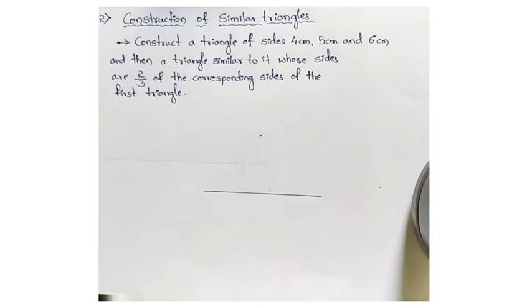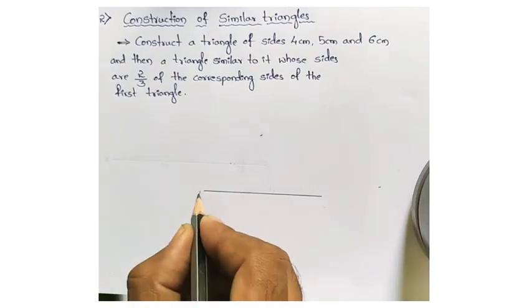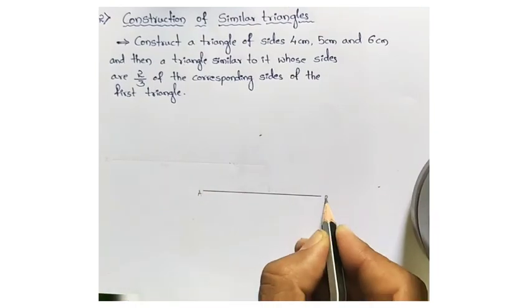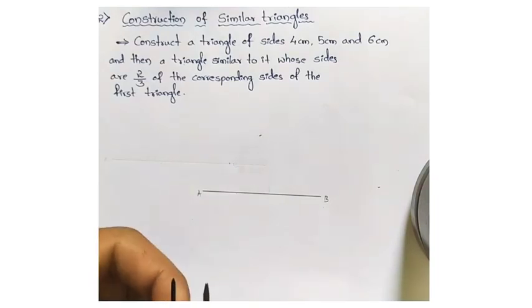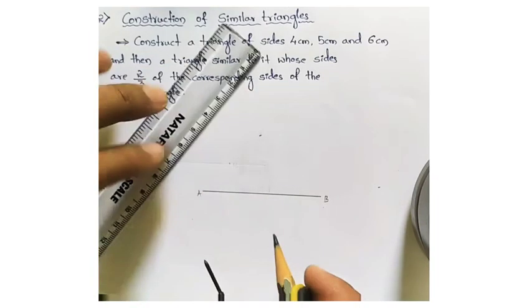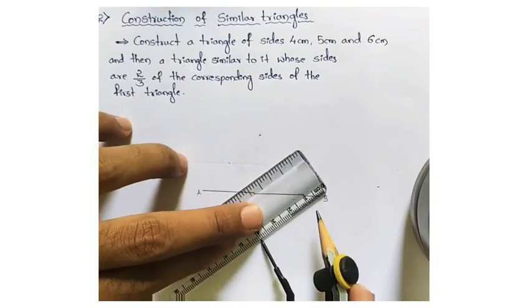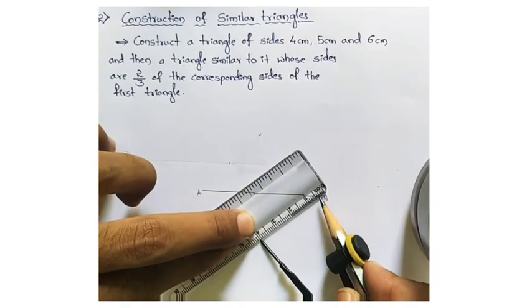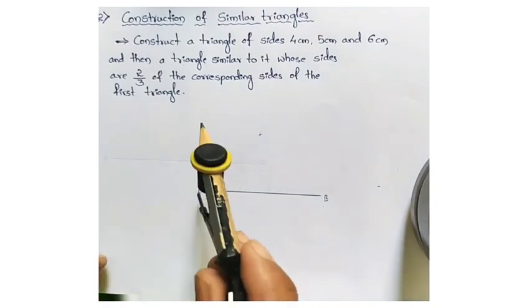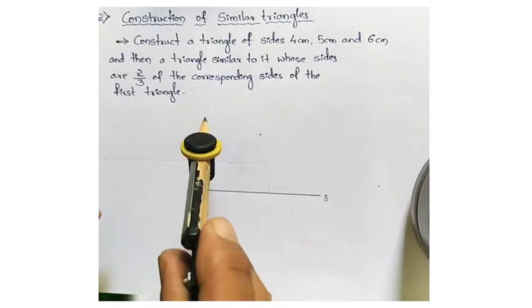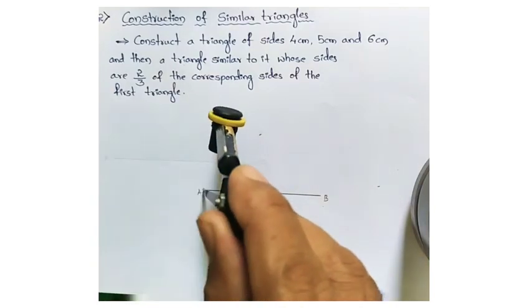Okay, so name it as AB. Now using the compass, draw another two sides. So first take 4 cm side and cut it from point A or B. You can take any one side.